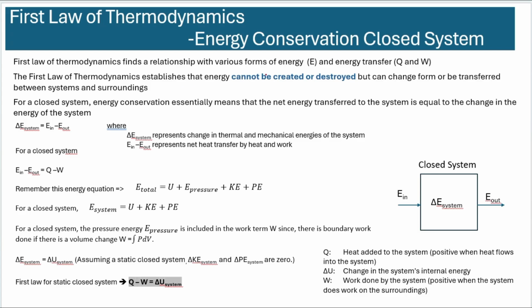Now we try to integrate all of that into one equation, and we'll do that for both closed systems and open systems. For a closed system, the equation is typically represented in terms of internal energy. You will see that the energy equation for a closed system includes internal energy. When you talk about an open system, instead of internal energy, we use a term called enthalpy.